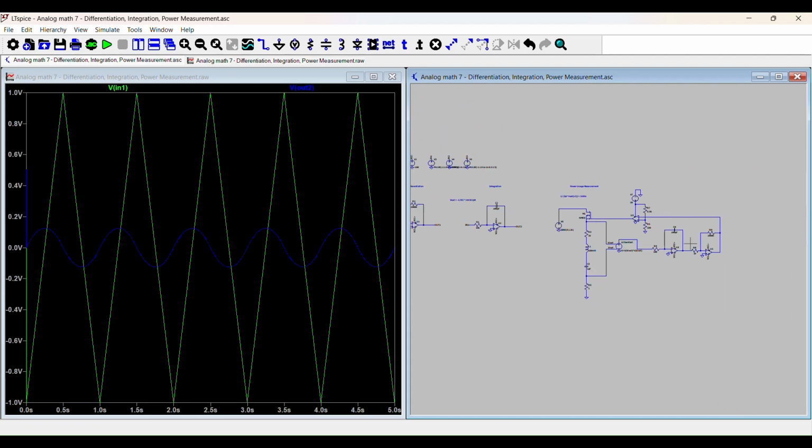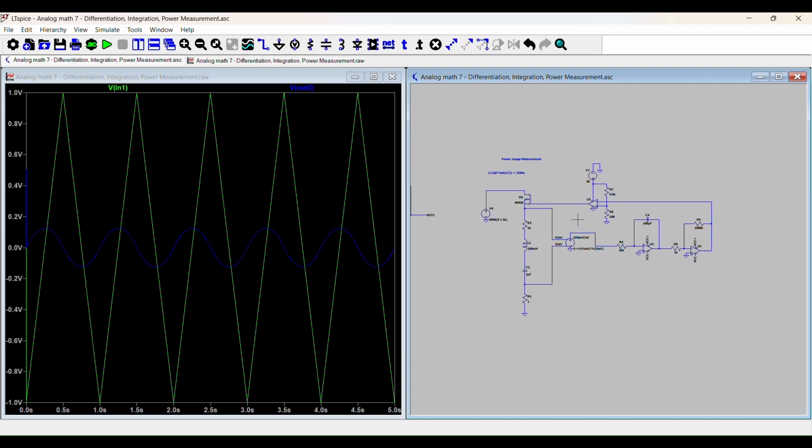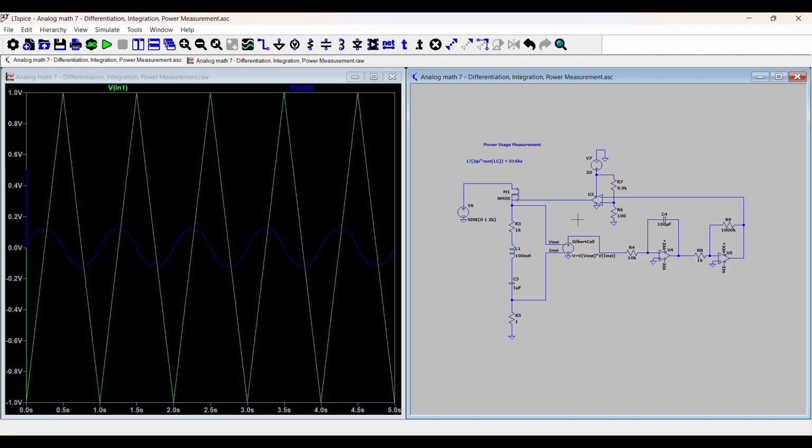I wanted to create a circuit that can demonstrate integration itself in a useful way. So I decided to design this circuit, the power usage measurement. I wanted to design a circuit that can take in a black box component. This is some component, we don't know what's inside it. And then we can set a power source of an unknown origin as well.